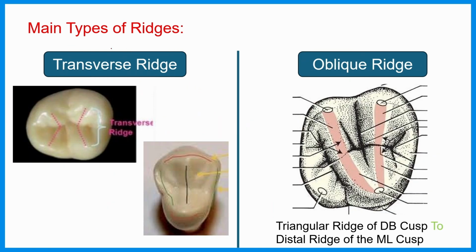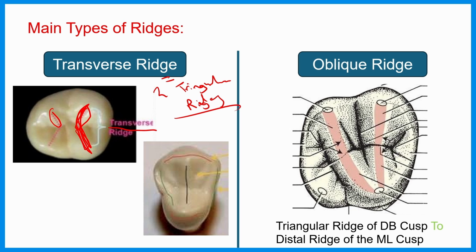Next, you've got a transverse ridge. A transverse ridge is just a union of two triangular ridges. This over there is a triangular ridge, and that's a triangular ridge, but both of them together are referred to as a transverse ridge.